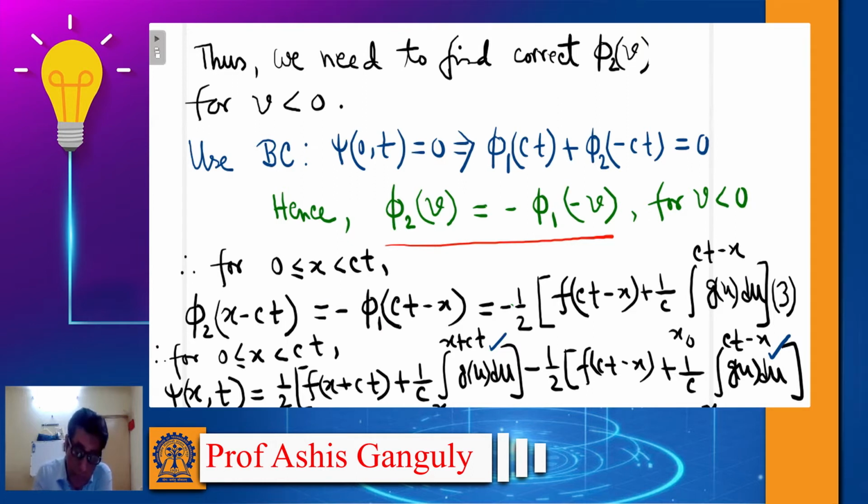So minus f(ct minus x) and plus 1 by 2c integral ct minus x to ct plus x g(u) du.